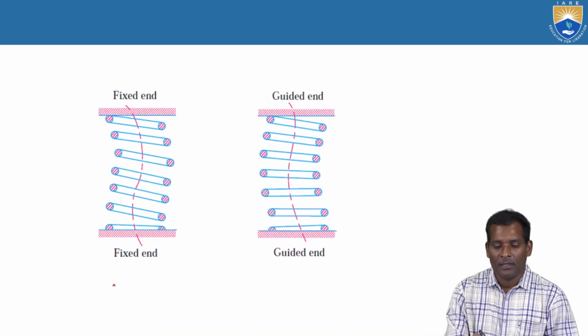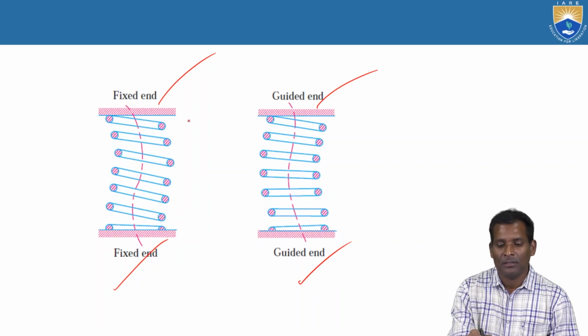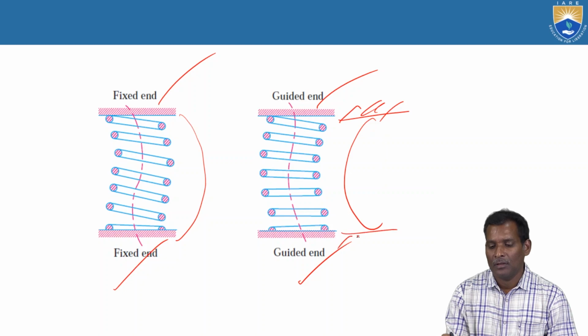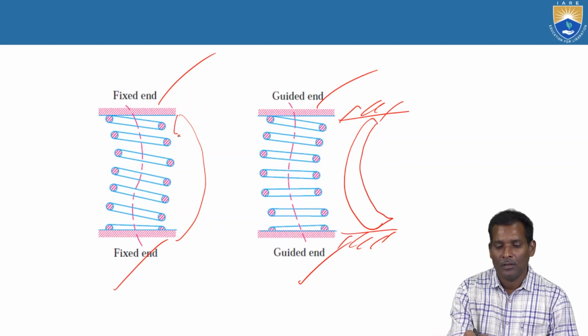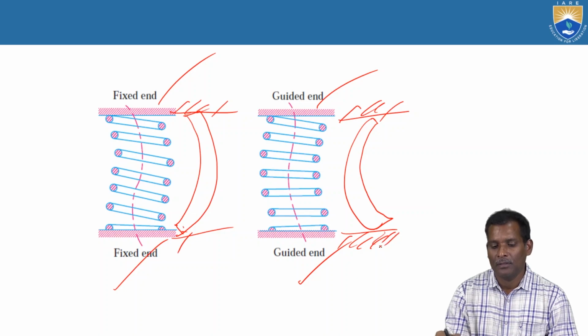In this diagram, one end is fixed and the other end is also fixed. In this guided end and guided end, the spring behaves like a column, like this. Buckling will happen like this.